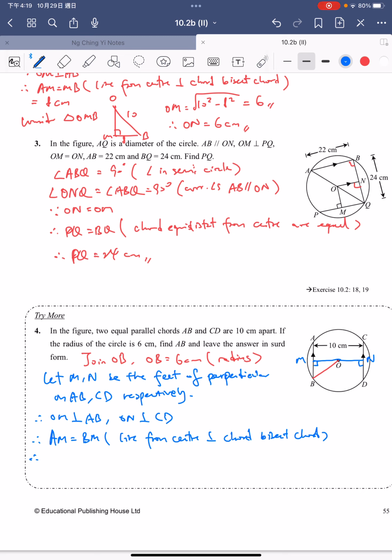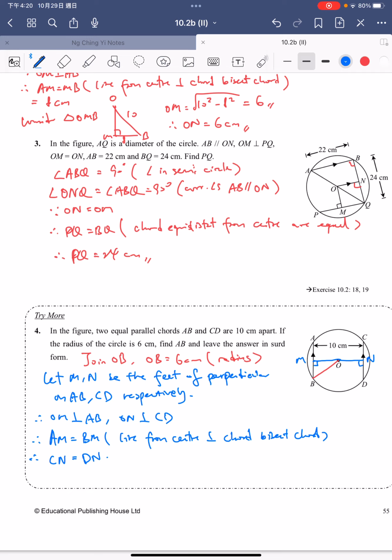Similarly, we have CN equal to DN as well. So AM is equal to BM, they are the same thing. If you calculate the length of BM, then we can calculate the length of AM. And OM is equal to ON, because the chords are the same, so the distances from the chords to the center are the same as well.